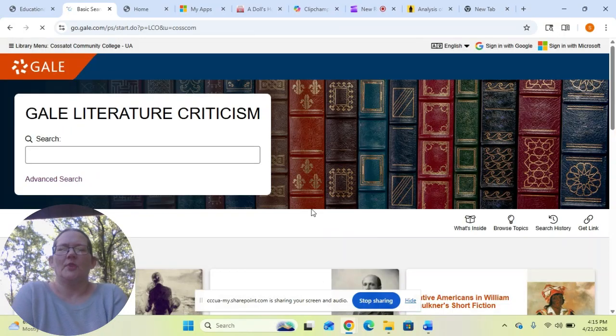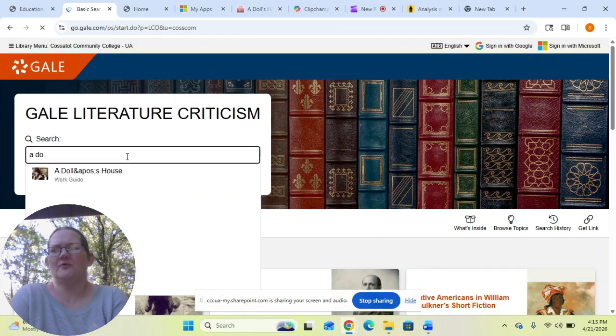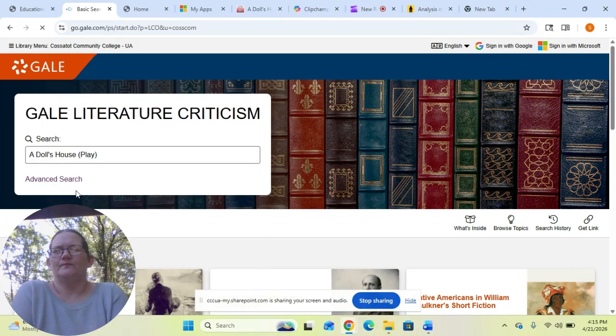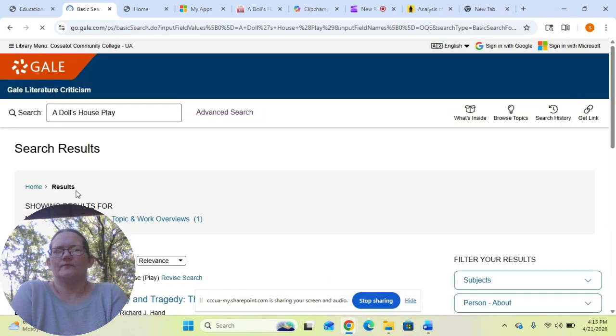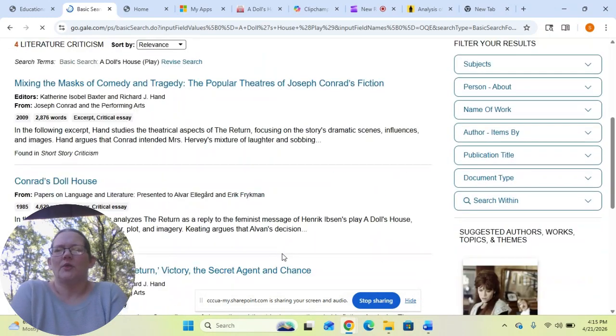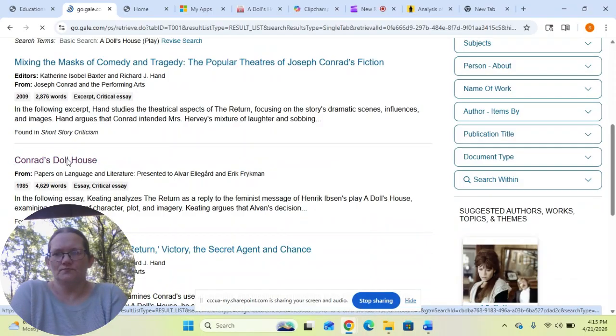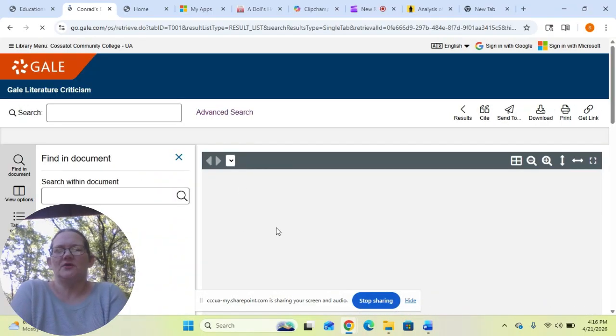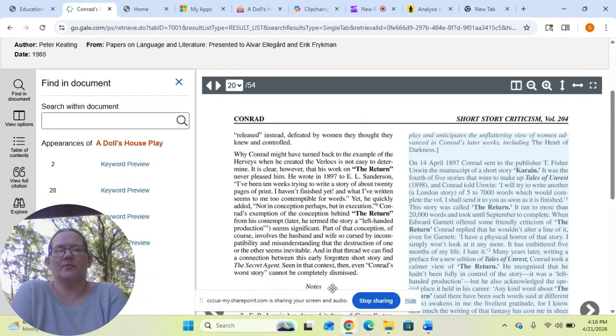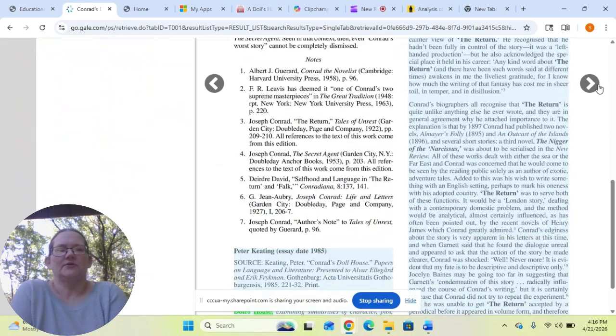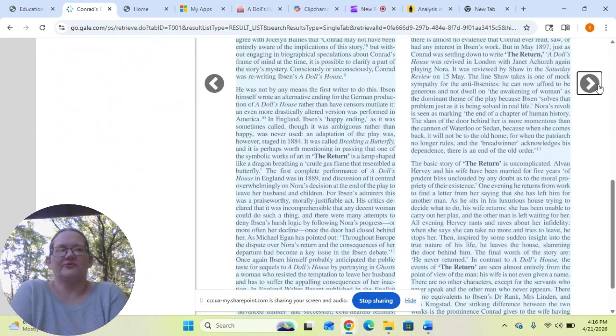And after several searches, I used this method and found an article. Okay, it was this article. This article analyzes A Doll's House along with a second play, and it gives various perspectives of it.